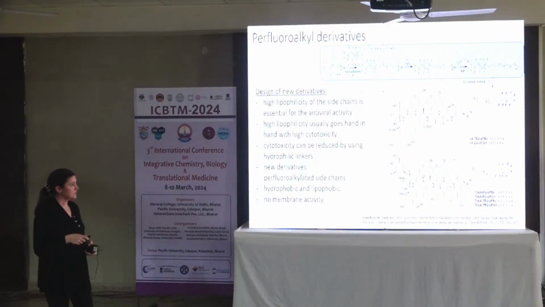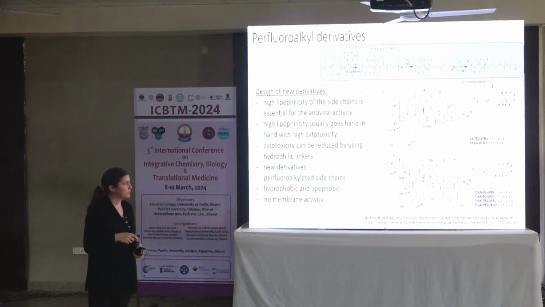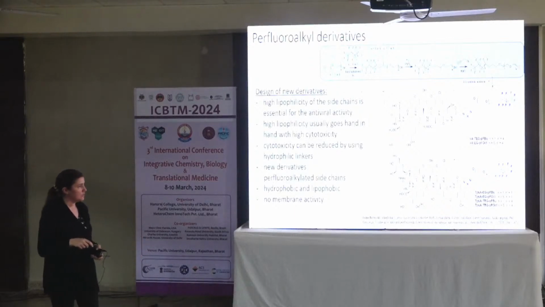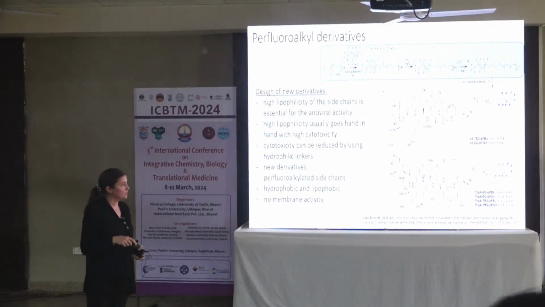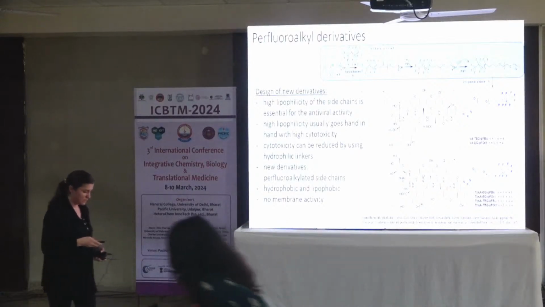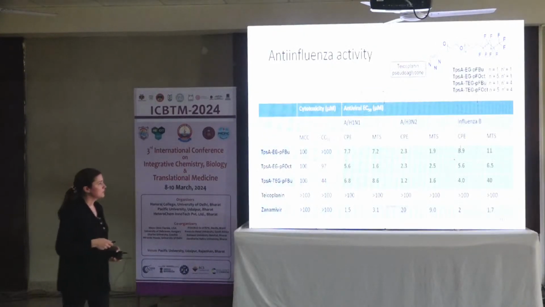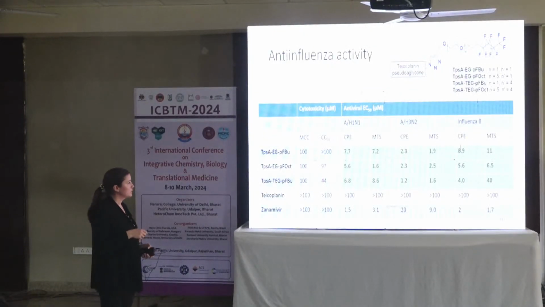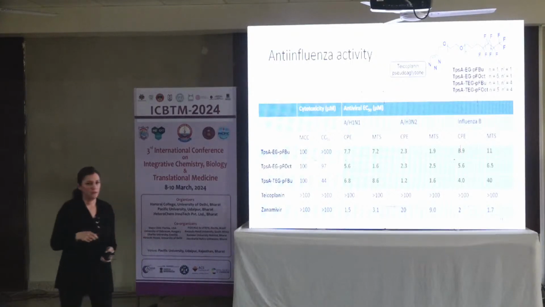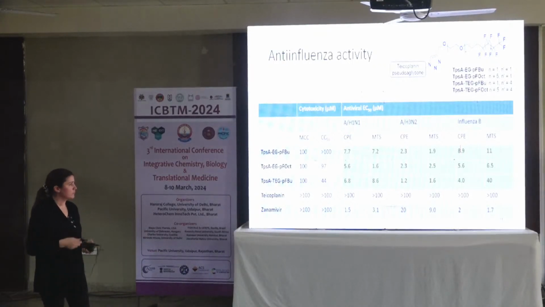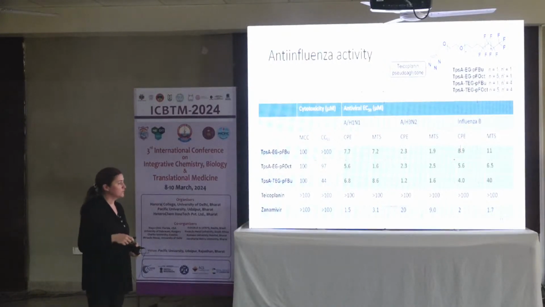So here you can see the triple derivatives from vancomycin and teicoplanin pseudoaglycon with perfluorobutyl and perfluorooctyl side chains. These teicoplanin pseudoaglycon derivatives with perfluorooctyl and perfluorobutyl side chains have very good antiviral activity.